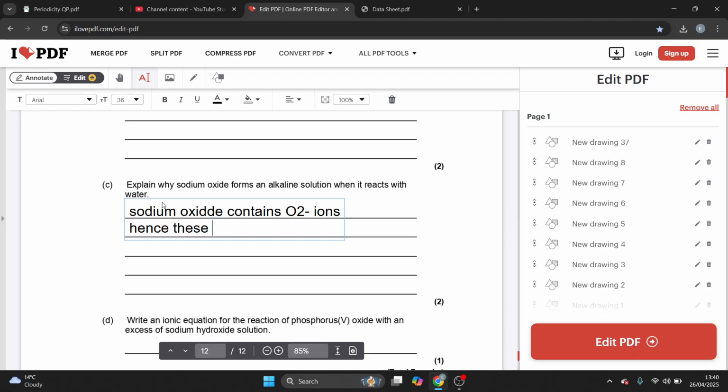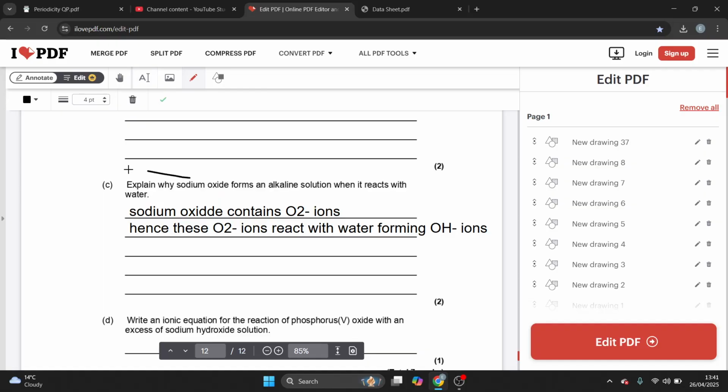Hence, these O2 minus ions react with water, because it tells me it's reacting with water, forming OH minus ions, which therefore means it's alkaline. That's very difficult. Sodium oxide, Na2O, it's got sodium ions, O2 minus ions. These O2 minus ions react with water, forming OH minus ions.